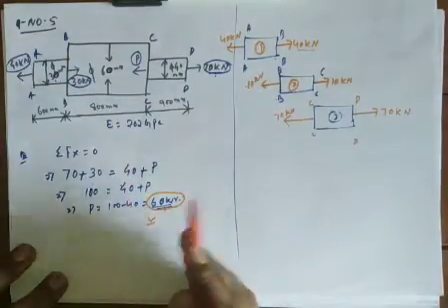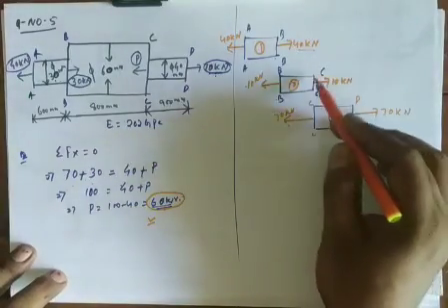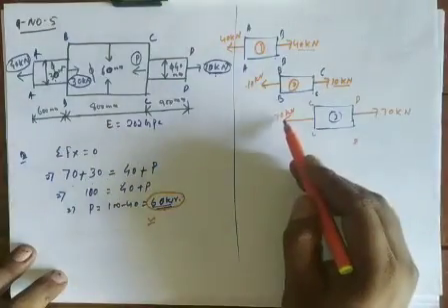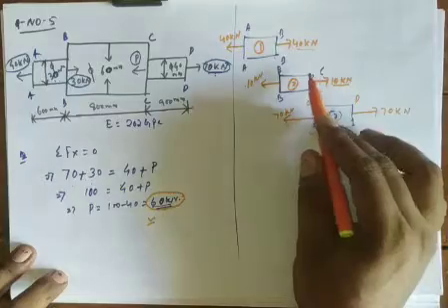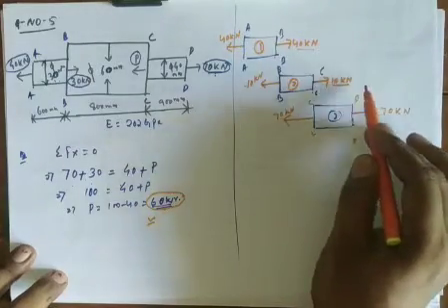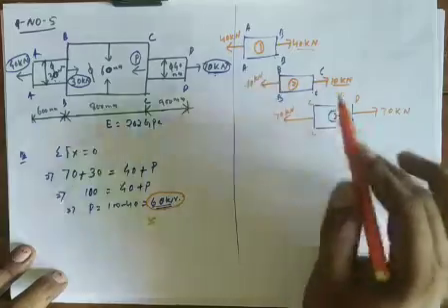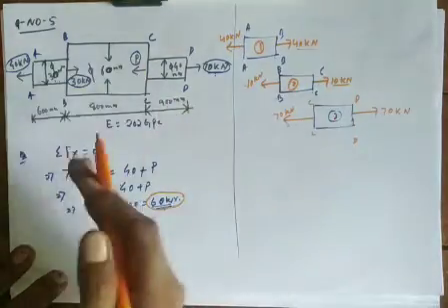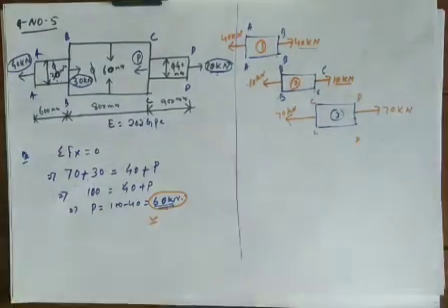If we compare this free body diagram, 10 kilonewton at section CC on the right hand side and 70 kilonewton on the left hand side, so the net force acting on section CC is 60 kilonewton, which is similar to the original figure, that is P acting 60 kilonewton on the left hand side.